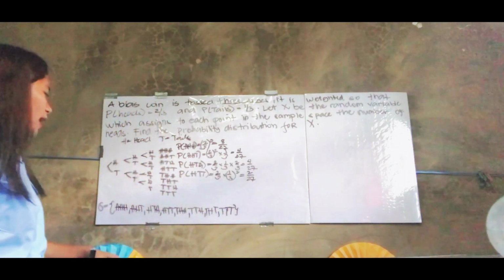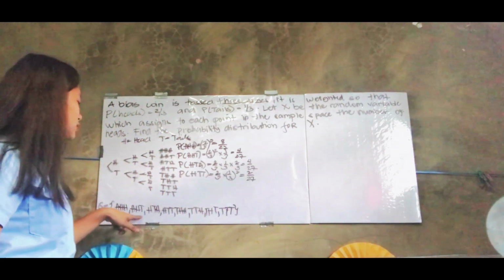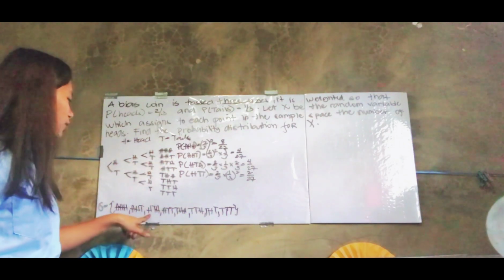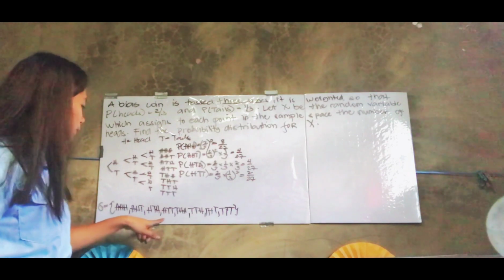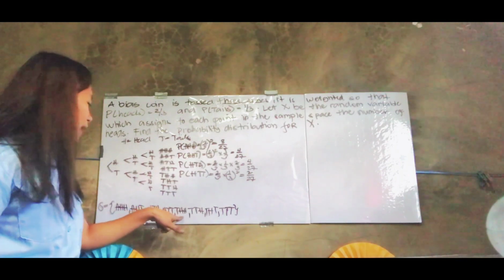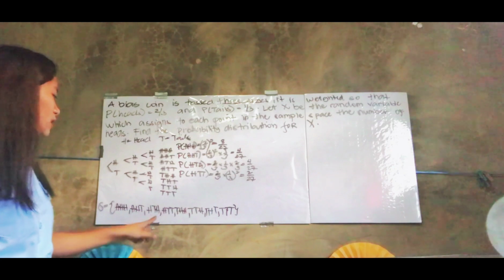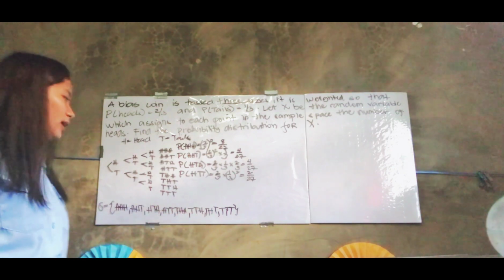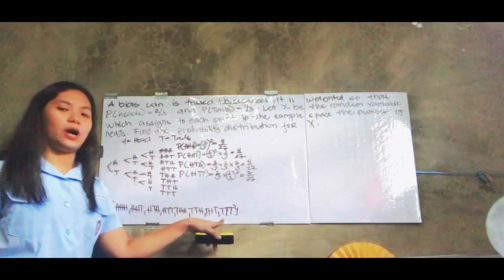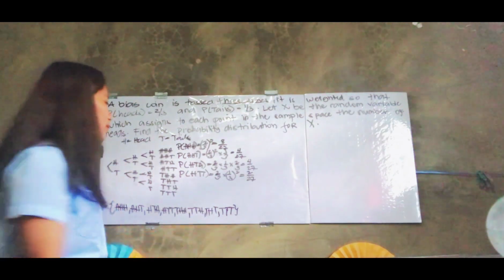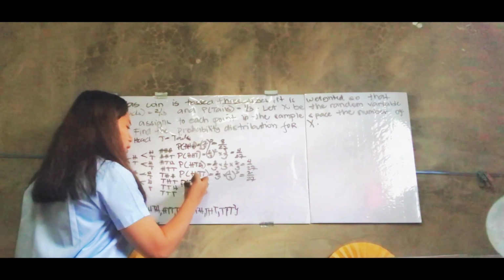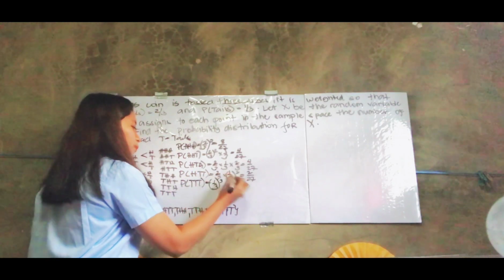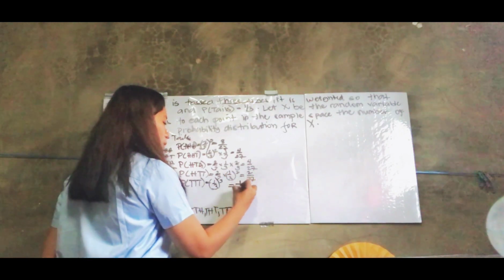And since HHT and THH are almost the same, the probability is the same. And HTH is the same with THH. And HTT and TTH are also the same. So, what we take here is the three tails. Probability of TTT is equal to 1/3 cubed, or 1/27.